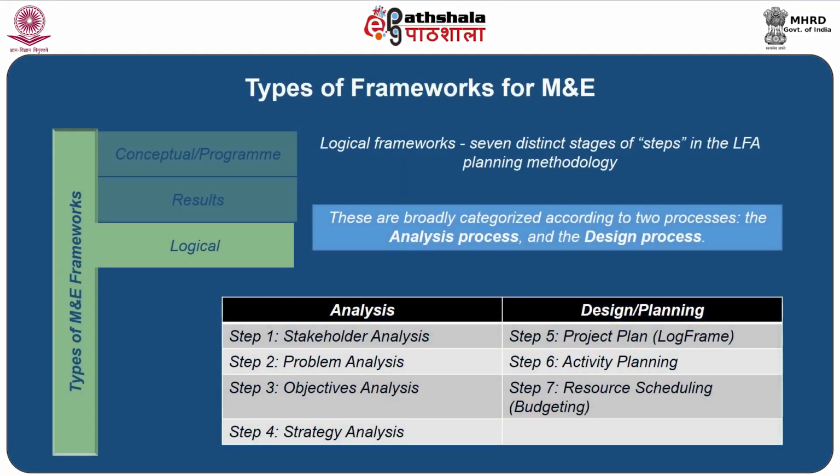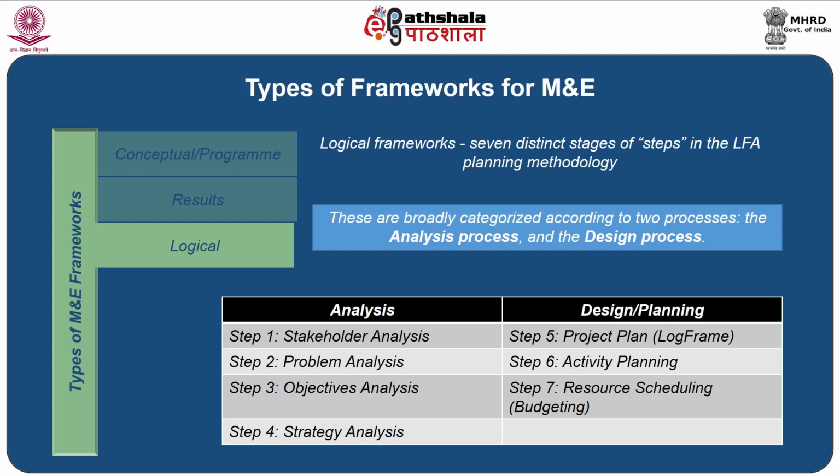The logical framework has 7 distinct stages or steps, and it is called the LFA planning methodology. These are broadly categorized according to 2 processes, the analysis process and the design process. If you look at the analysis process, it includes 4 steps.